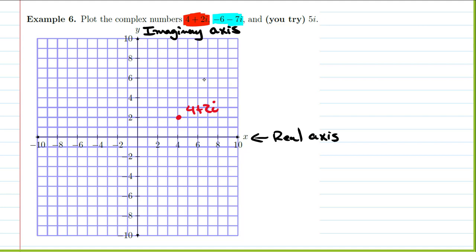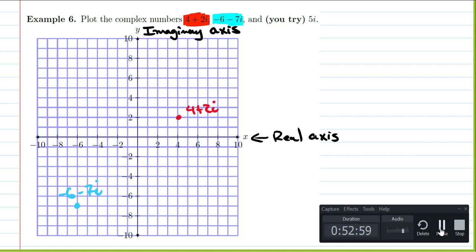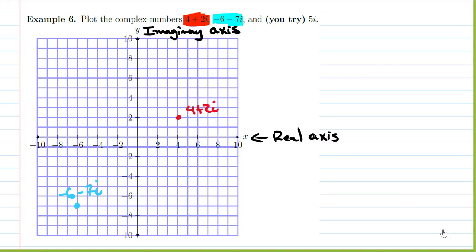So I go left 6, down 7, and that would give me the point negative 6 minus 7i. All right, so to do our last one, 5i, to help us visualize it, we could say this is the number 0 plus 5i, so it would actually be the point (0, 5). That would be up here on the imaginary axis, and that would be the graph of the number 5i.